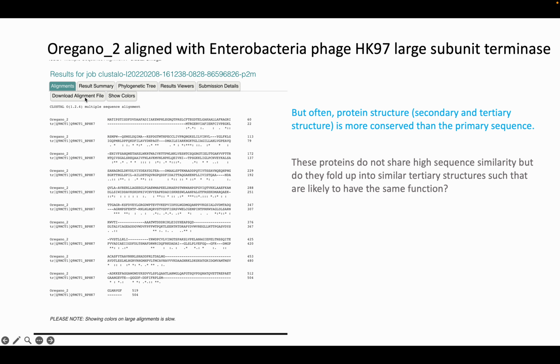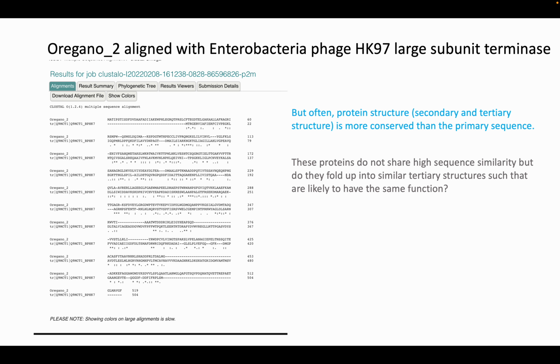So one way we can do that is to use other types of data which predict the structure of our proteins. So here's an example of an Oregano protein. This was actually GP2, so the same sequence we were just looking at. And we've aligned it through BLAST to an enterobacteriophage large subunit terminase from the phage HK97.